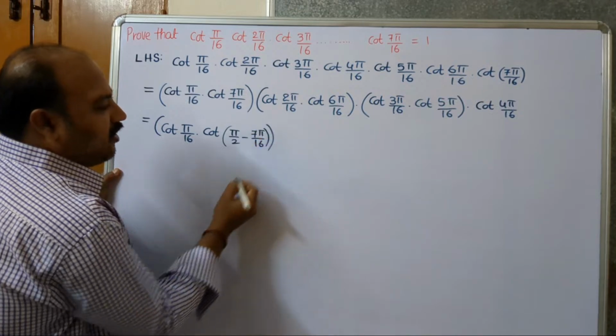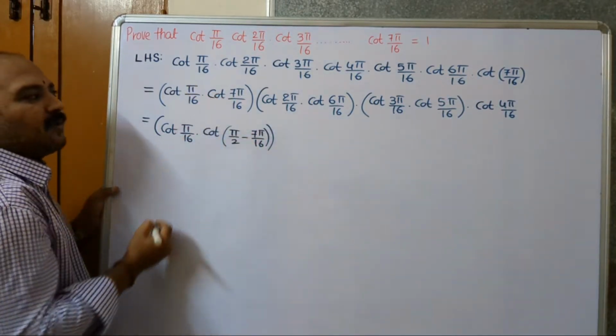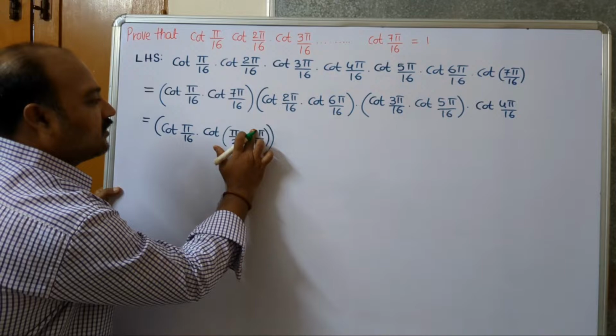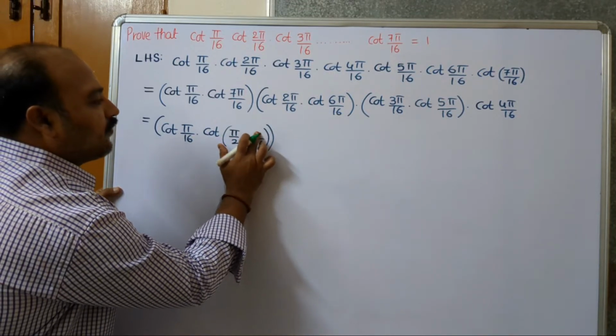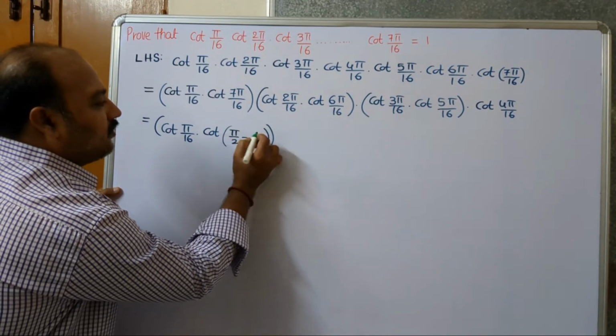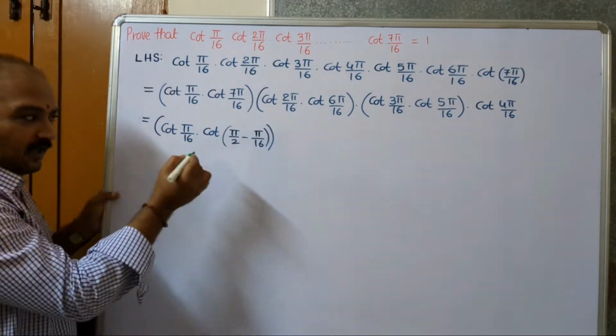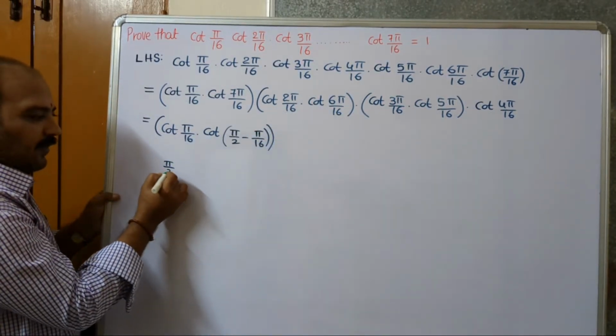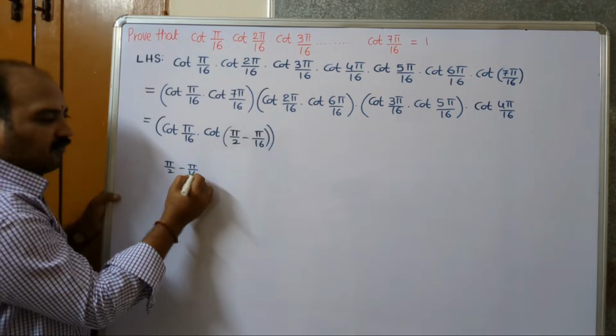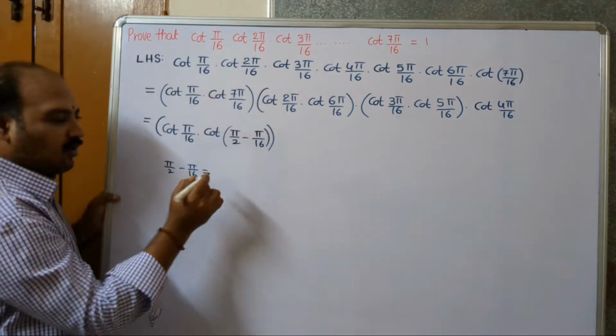Whether it is correct or not, we will verify. See here, pi by 2 minus pi by 16. Whether it is equal to 7 pi by 16 or not.